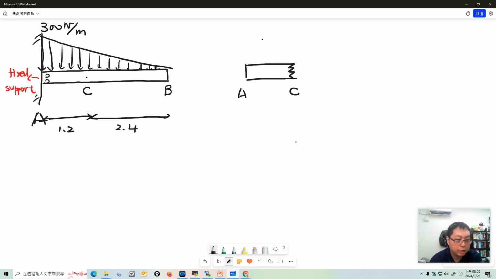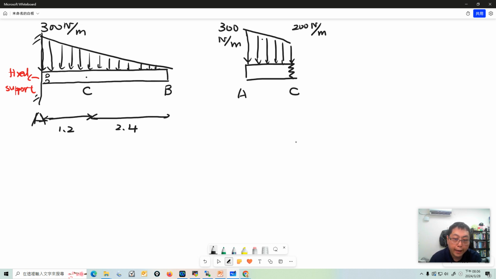Okay, we use the AC section now. In the AC section, we still have the distributed load here, and at the end A it is still 300 Newton per meter. And you need to know the force intensity at section C, and in the previous video, we already calculated it's 200 Newton per meter.